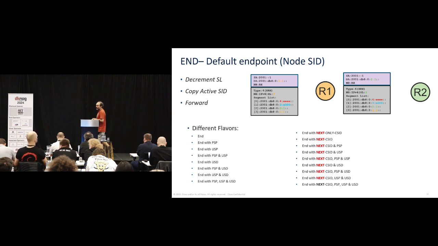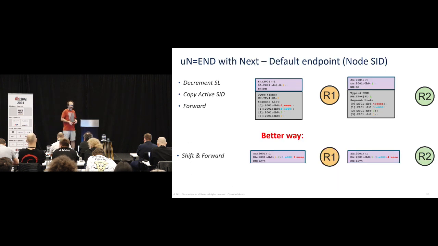So those functions are End with the next, and this is exactly the same behavior as node SID in SR-MPLS. It's 100% equivalent of the node SID of SR-MPLS. The same behavior, we just call it End for end of the segment.